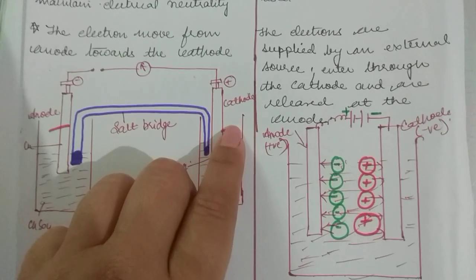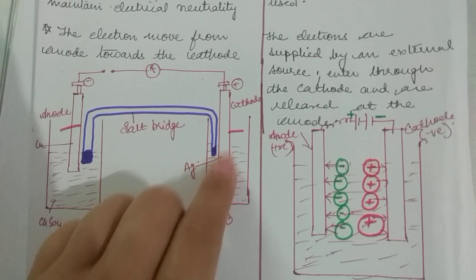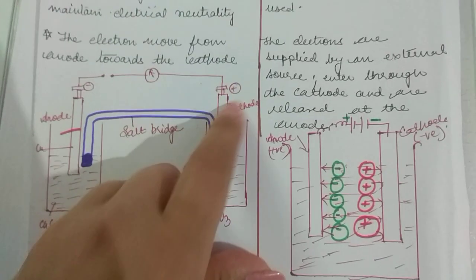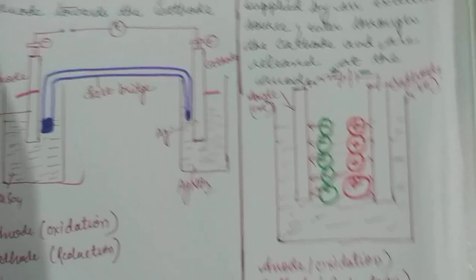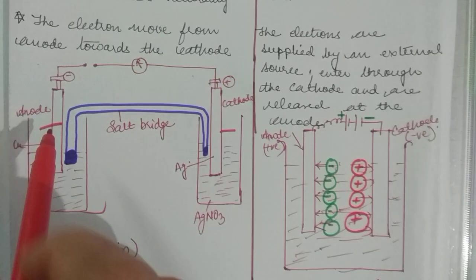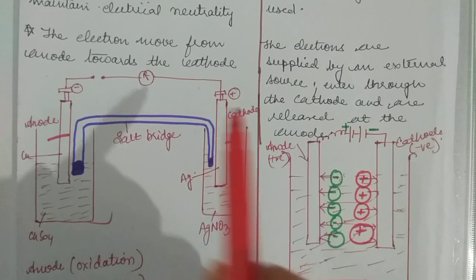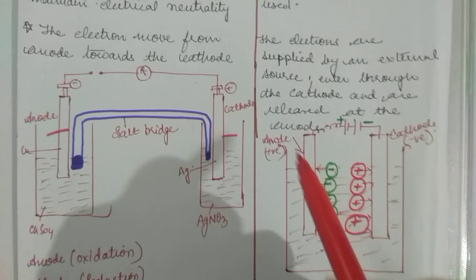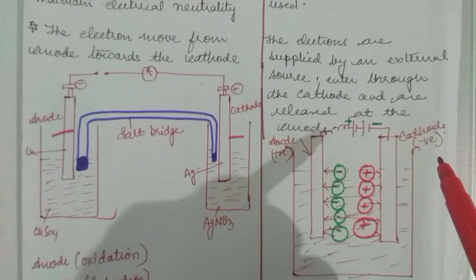Clear? And at cathode, positive ions move towards cathode, therefore it is a positive sign. Clear? So this is very important, beta, key. In electrochemical cell, anode is negative, cathode is positive, and in electrolytic cell, anode is positive and cathode is negative.